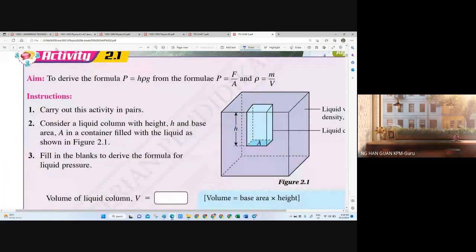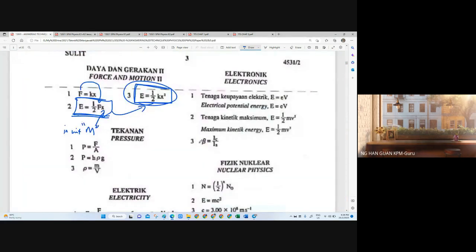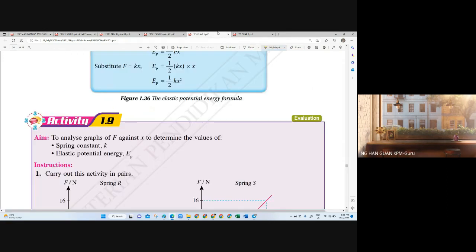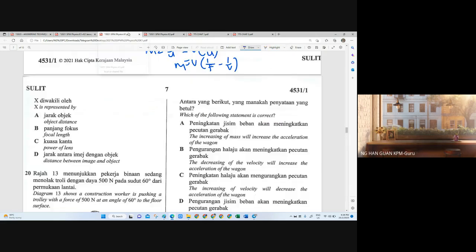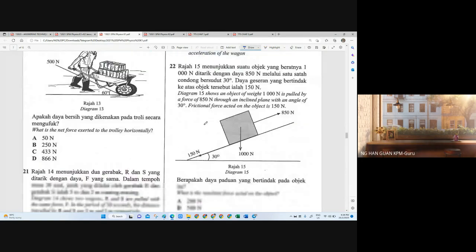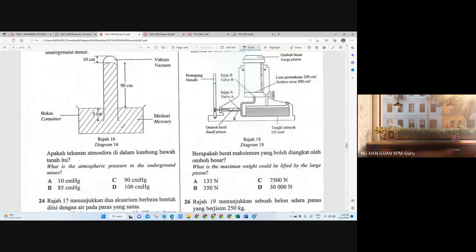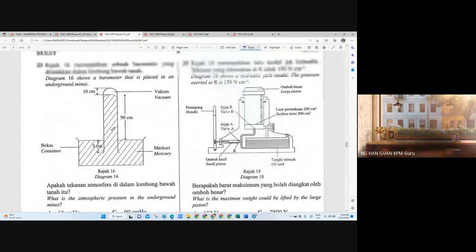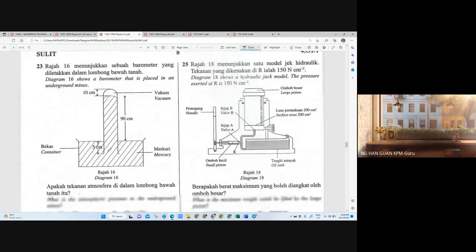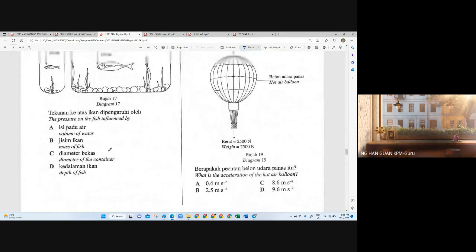Okay, so pressure in liquid, we look at the formulas here. Last year there were not many questions about the instruments used to measure pressure. From the questions you see, there's the manometer here, and the barometer, and after that I think there's no more.